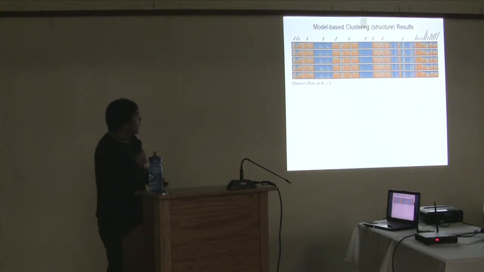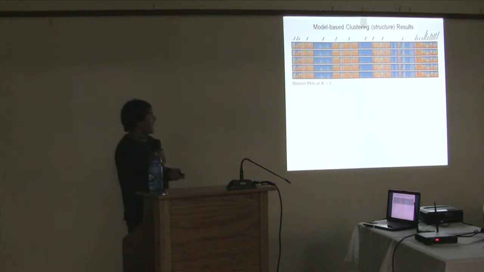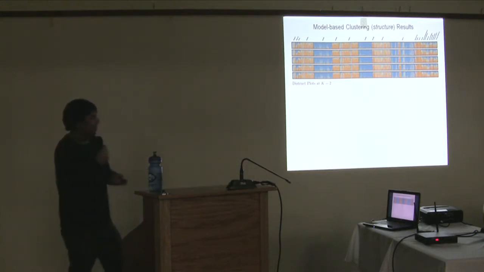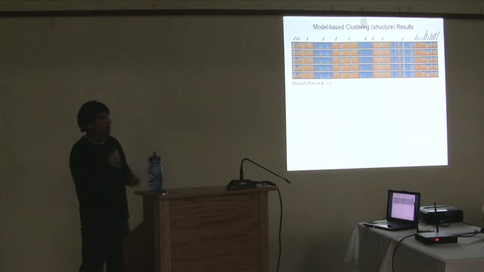So there are so many ways we can look at these data, and because this is such an important issue, we're going to look at them in a number of different ways, including the tree-based method that I just showed you, but also using model-based clustering.